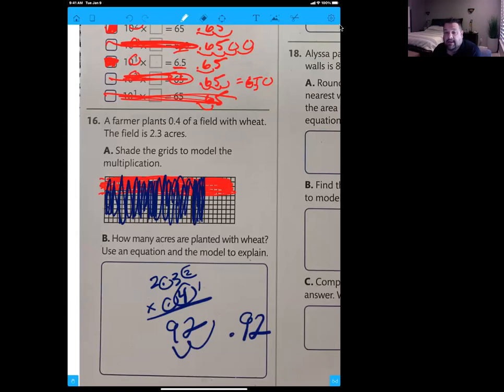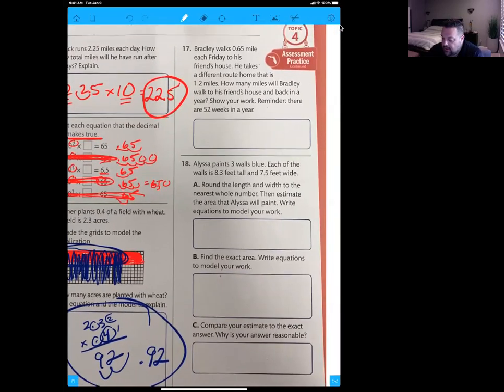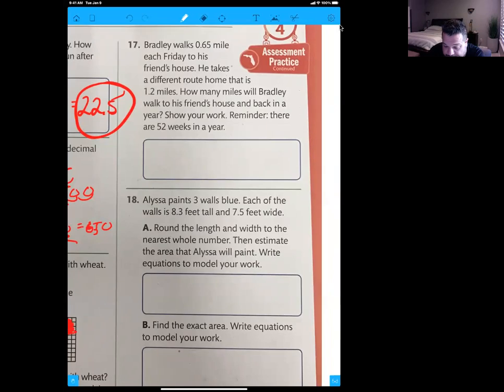I don't know why. If you count it up here, in this area right here, there's 92 of them. Please don't draw the picture. I mean, I know we taught you that in 3rd and 4th grade, but just do this problem to get the answer, right? You have to be able to do the multiplication. All right, go on to number 17.